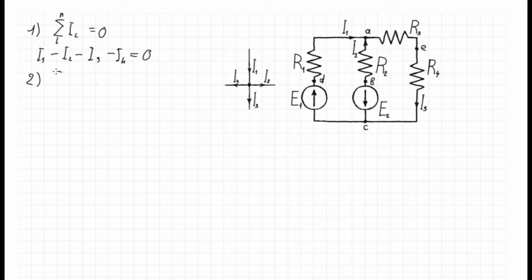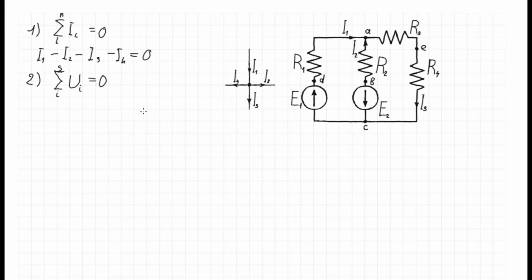And the second Kirchhoff's law we can write as the sum of U with subscript i equals 0, this expression.